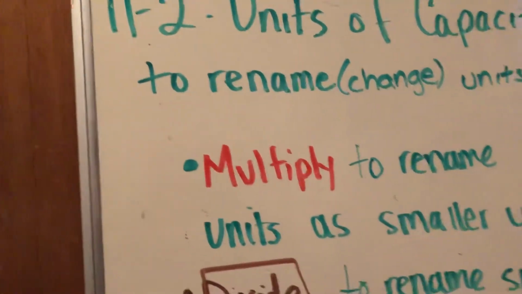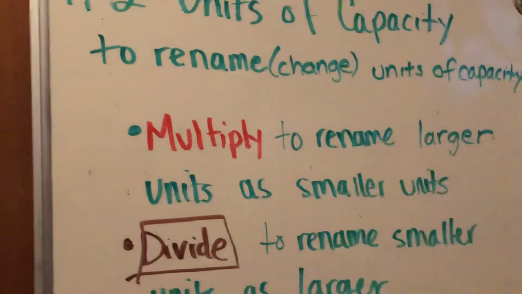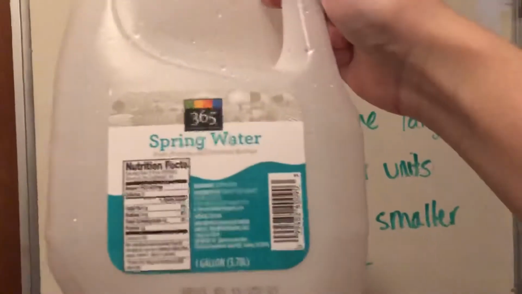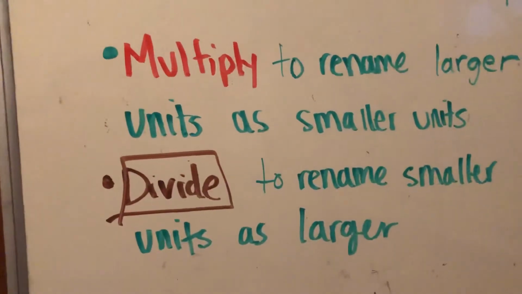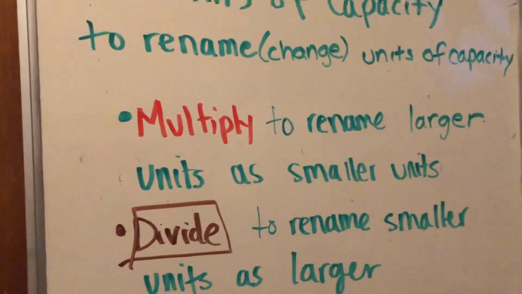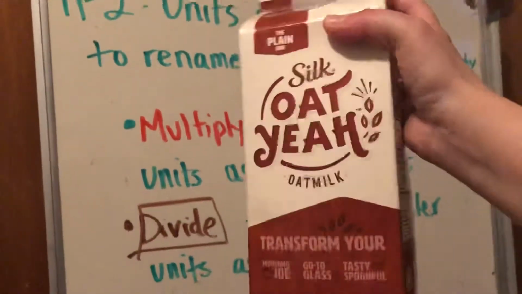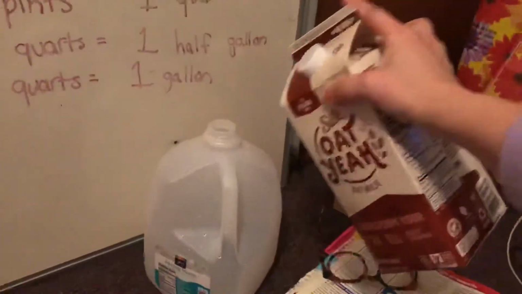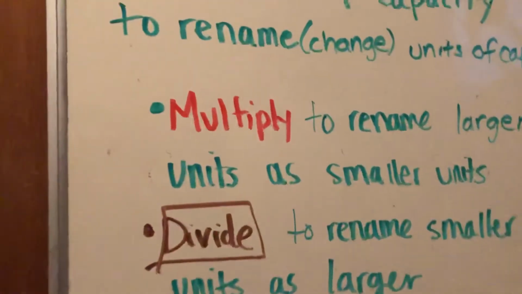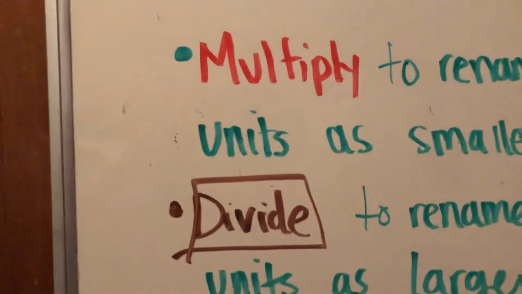Does this one work? Okay, so you have a gallon. I have a gallon here, and I want to figure out how many quarts would fit in there, right? That's basically what you want to do.